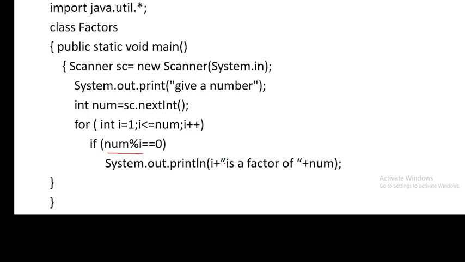It will print 1 is a factor of 10. Then when the value of i becomes 2, again this condition will be satisfied and it will say 2 is a factor of 10. So this loop will go from 1 to 10 if we take the number as 10. This is how with this simple loop we can find out the factors.